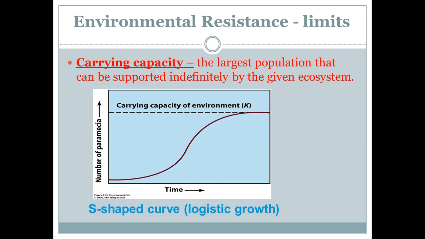If it goes over, those individuals will die back to that number. It can comfortably carry that many individuals. Well, what are we looking at before it gets there? To begin with, we're looking at initial population. And you'll see that the line is fairly straight, kind of like the bacteria line when we looked at that last graph.